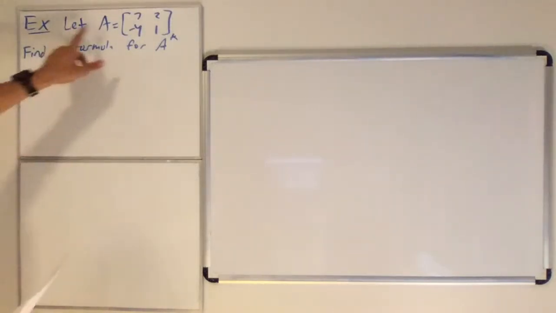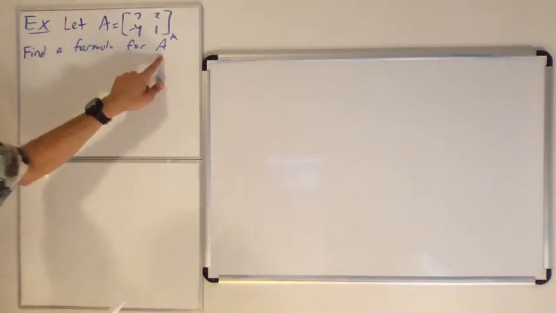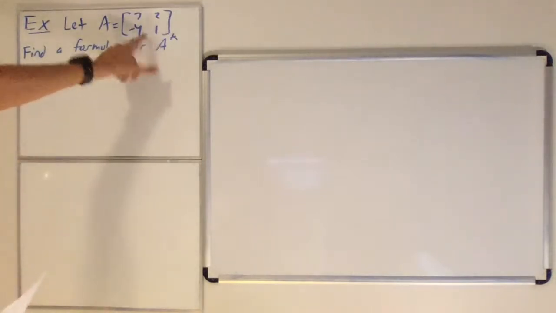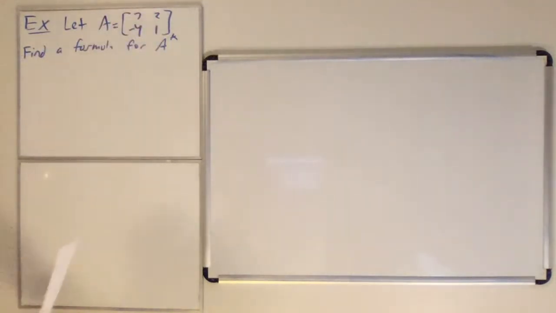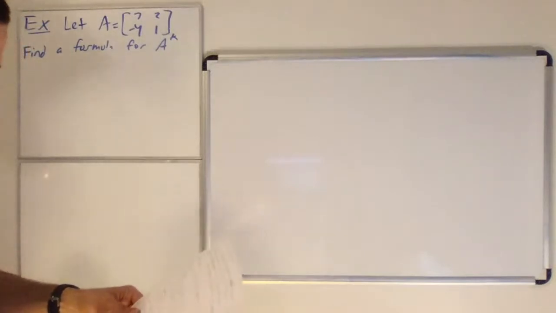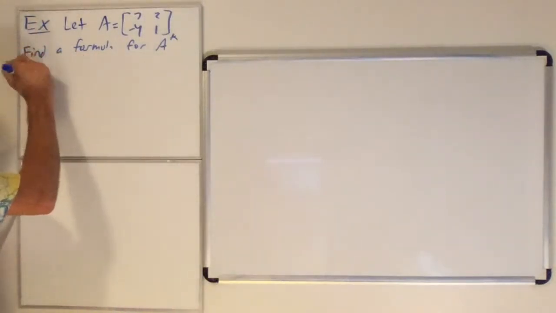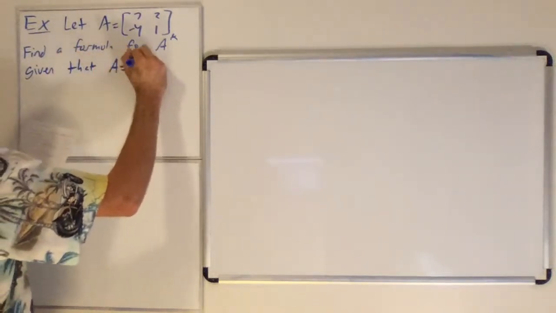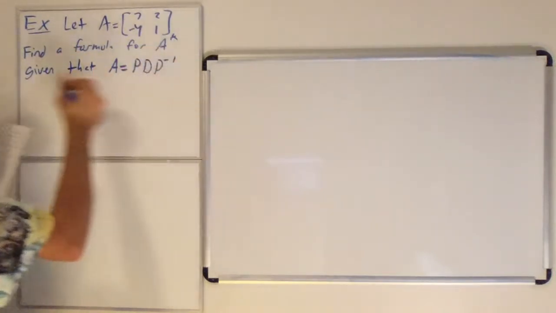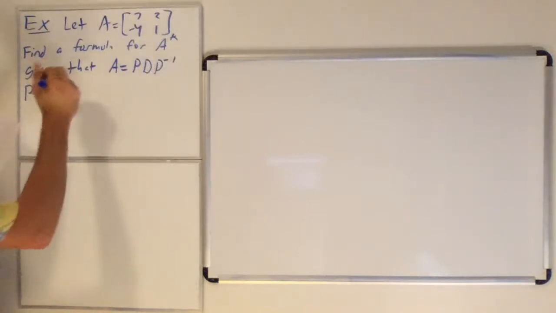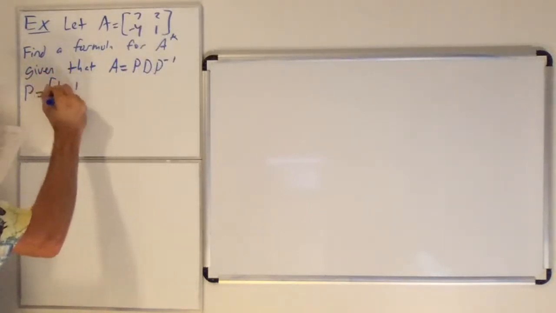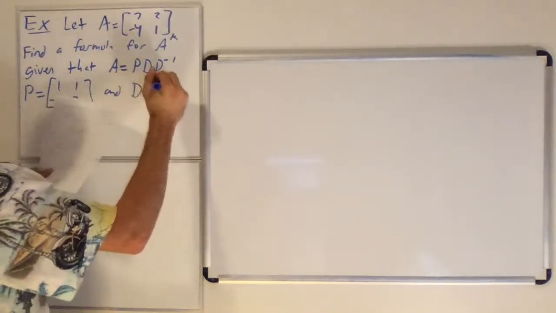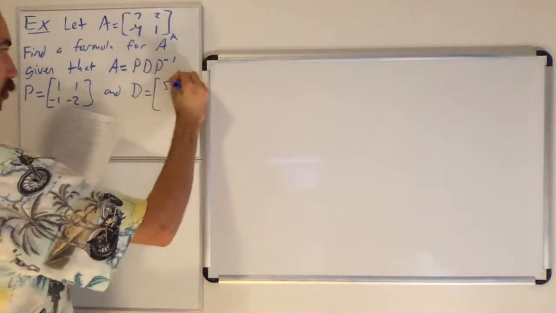Yeah. Okay, so we have this matrix. We want to find a formula for A to the K. William, good morning. And what we could do is just multiply it a bunch of times and see if we have a pattern, but we're also given that A equals P D P inverse, where P is the matrix, and this is where my typo was, 1, 1, -1, -2, and D is 5, 0, 0, 3.